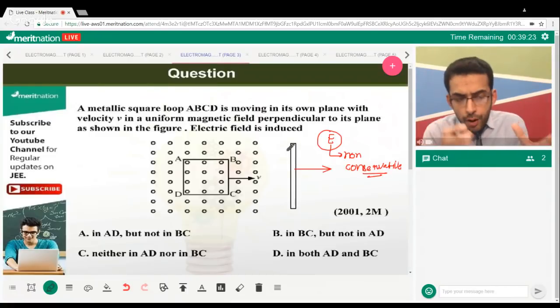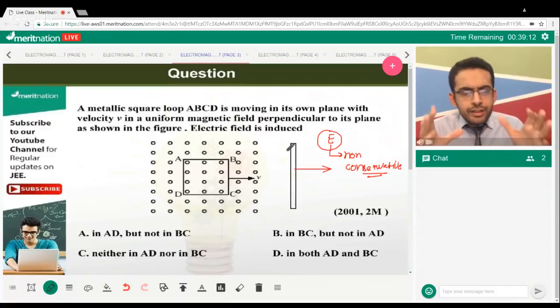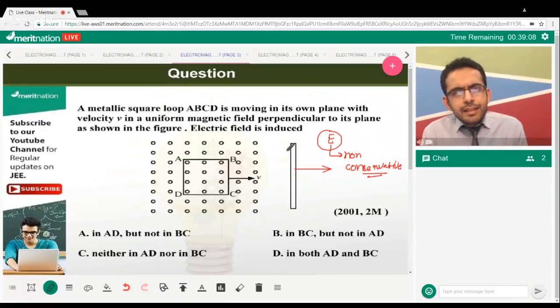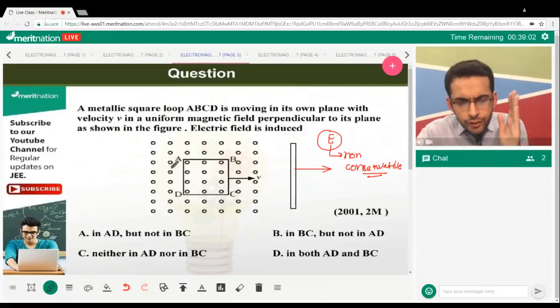Now, if you observe this square loop ABCD, you can see that there is no change in magnetic flux. So we can say that there is no induced EMF. But if you observe one conductor, it's cutting the magnetic field.